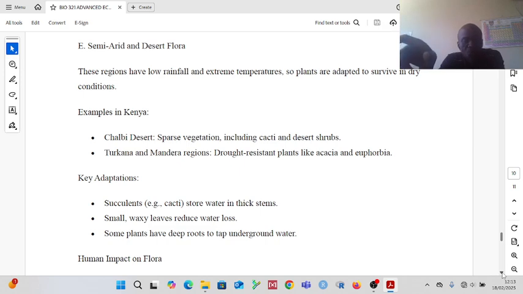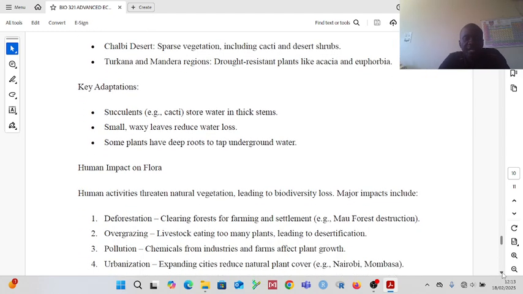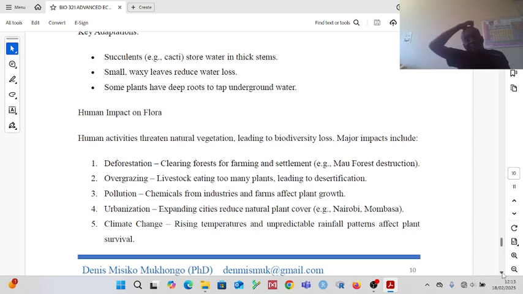Okay. So, irrespective of where the landmass is, you still are likely to find humans present, which means there will still be an impact of humans on the various types of flora found in the different landmasses. Okay? So the same things, you'll still have various human activities which are threatening flora in the different landmasses.